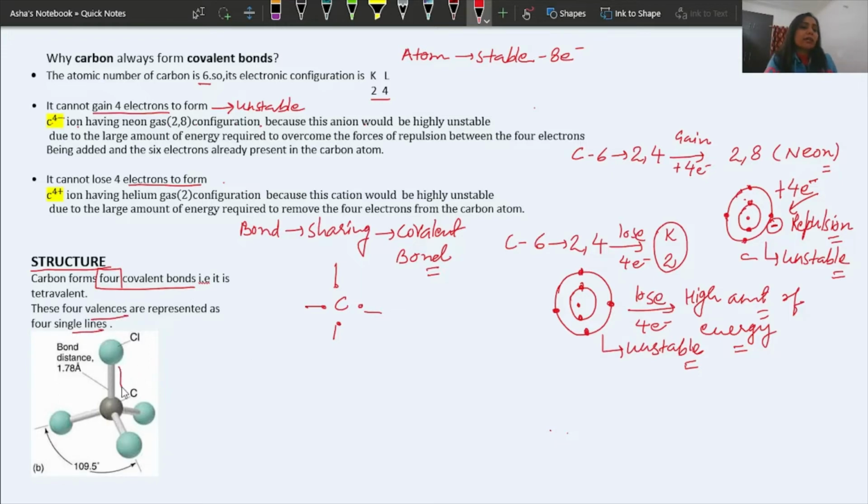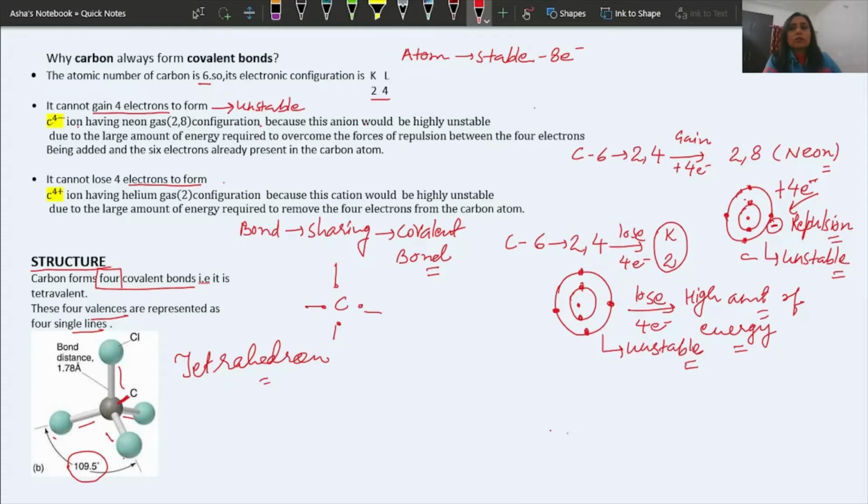This is one line, this is second line, this is third line, this is fourth line, this is carbon in the center. Carbon generally shows a regular tetrahedron structure, and the bond angle between any two is always 109.5 degrees.